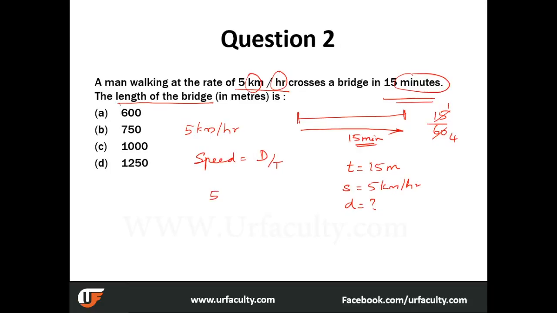Speed is 5, distance we need to find out, and time is equal to 1 by 4. So D is equal to 5 by 4, which is 1 by 25 kilometer, otherwise 1250 meters. Moving on to the next question.